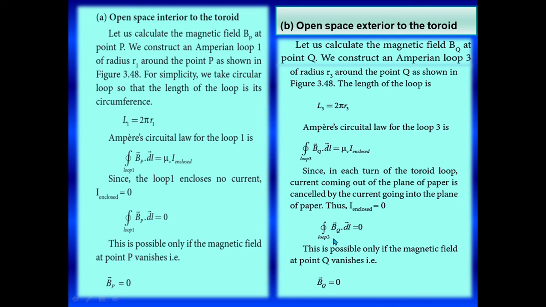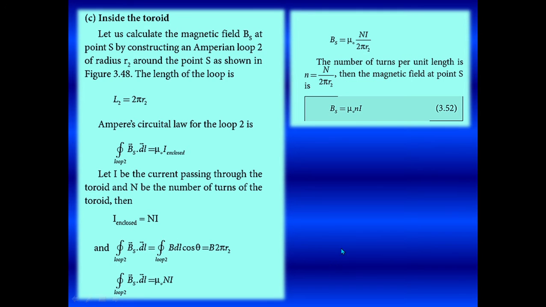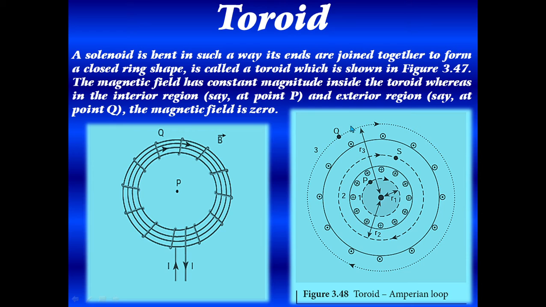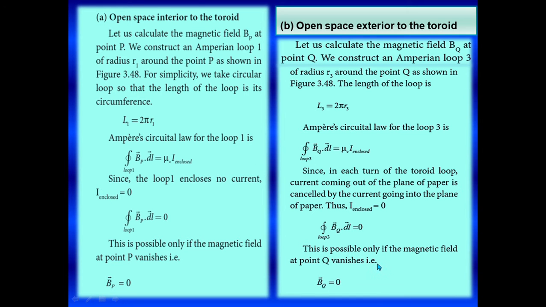That means the line integral over loop 3 of BQ vector dot dl vector is equal to 0. This is possible only if the magnetic field at point Q vanishes, that is BQ vector is equal to 0.